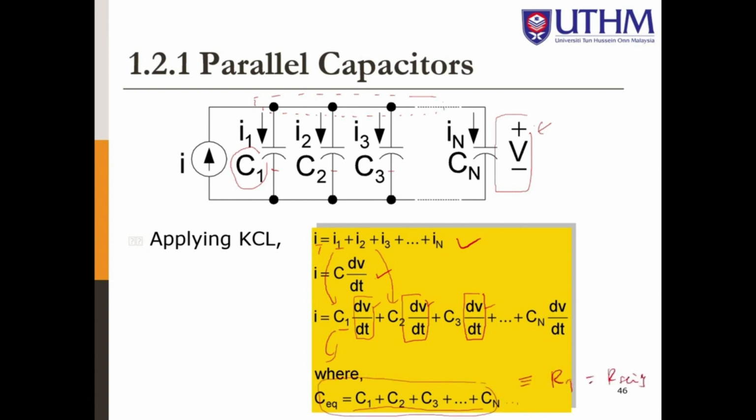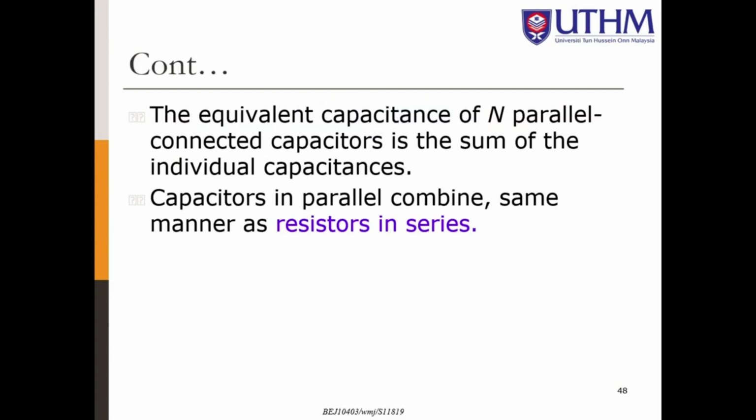We just add up all the capacitance values. As the slide says, the equivalent capacitance of n parallel-connected capacitors is the sum of the individual capacitances. So in short, for capacitors in parallel, you calculate the capacitance value in the same manner as resistors in series.